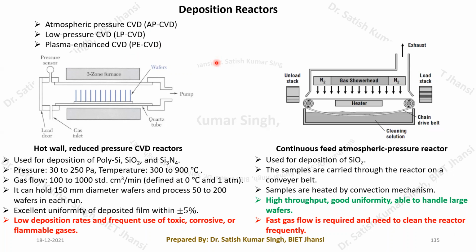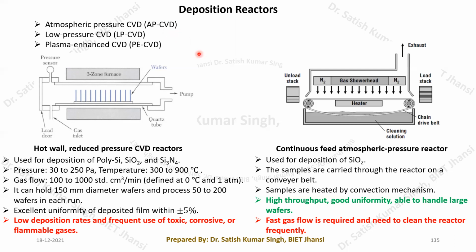Normally, we don't use the atmospheric pressure CVD. One of the reasons is that when we grow layers using atmospheric pressure CVD, the deposited layer has a non-uniform thickness, and therefore, generally, we don't go for the APCVD technique.